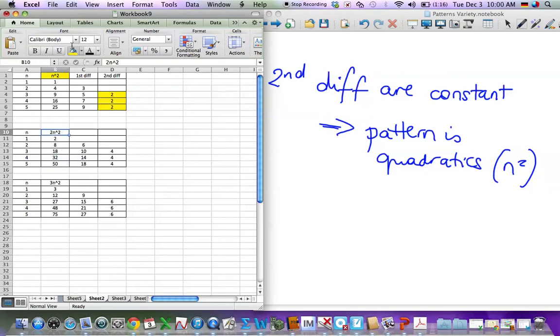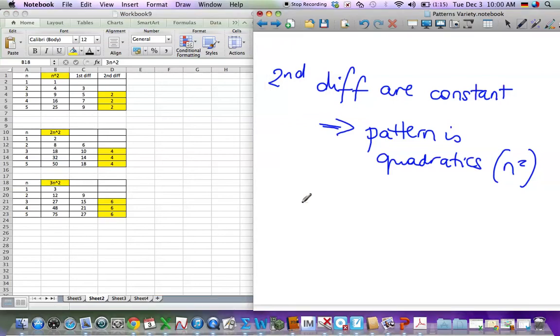When the formula was 2n squared, the differences were 4. When the formula involved 3n squared, the differences were 6. So you can probably already spot that this number is double the coefficient of n squared. We're going to record that and then we'll test it.